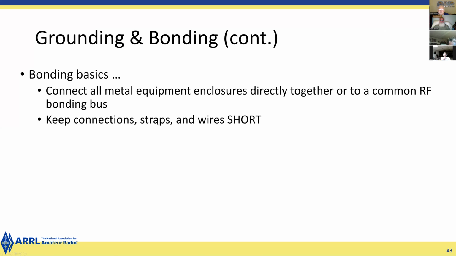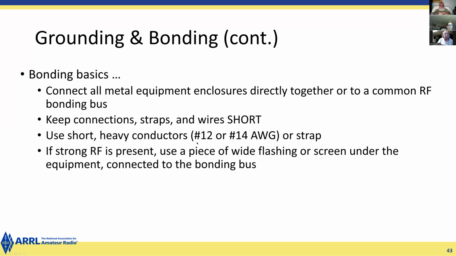RF doesn't circulate over connecting cables, or get induced somehow into the enclosures and into the internals of your equipment. You want to keep connections as short as possible and direct, and you want to keep them very big and wide.